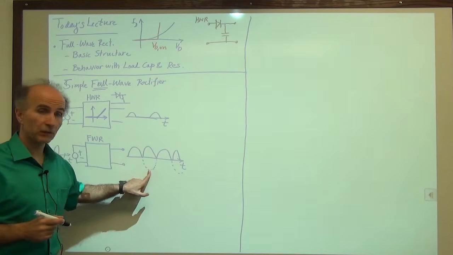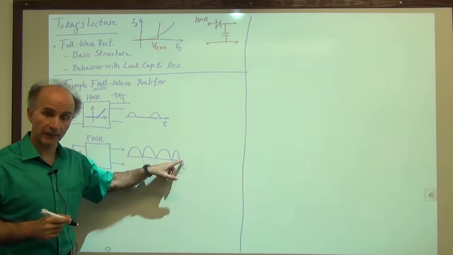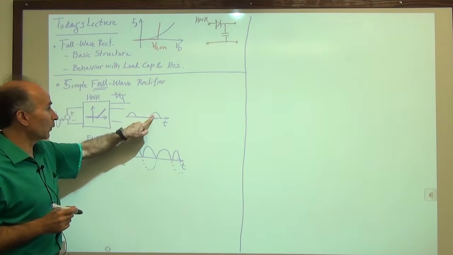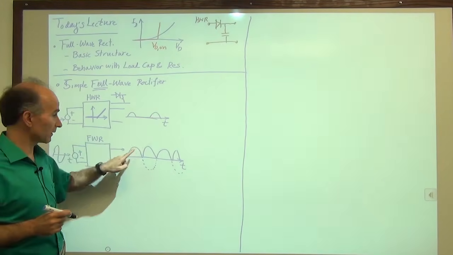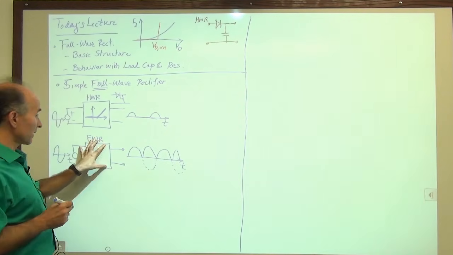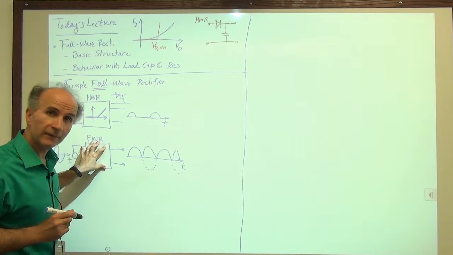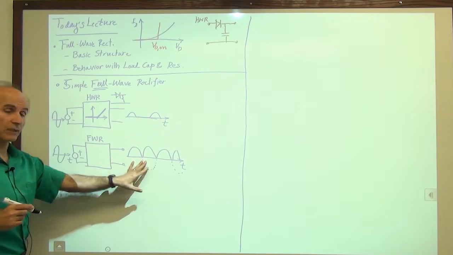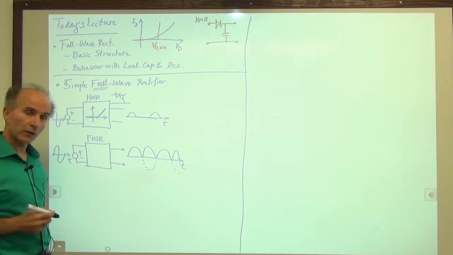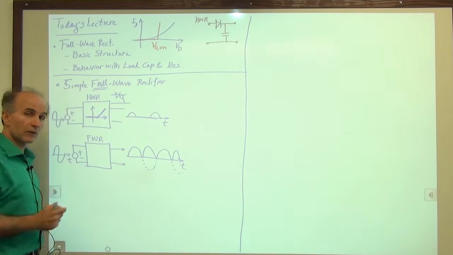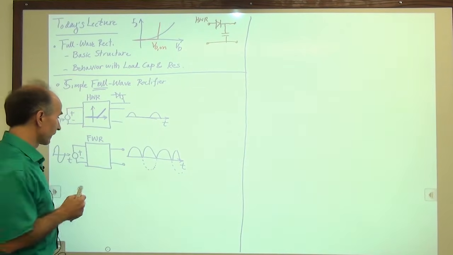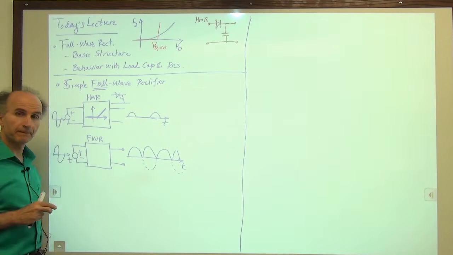So negative half cycles become positive half cycles, and they come out. So that's why this is called a half-wave rectifier. This is called a full-wave rectifier. So what's inside this box, which we don't know yet, performs this type of operation, as opposed to what we had here. Okay, so this is the circuit that we would like to synthesize, we would like to build. And the question is, how do we do that?